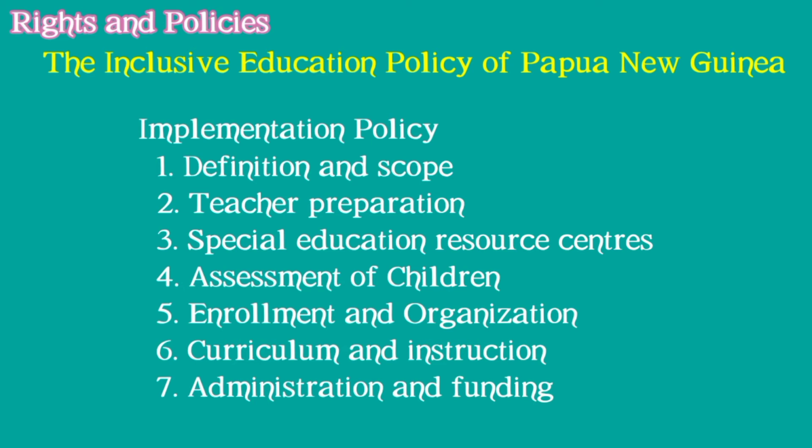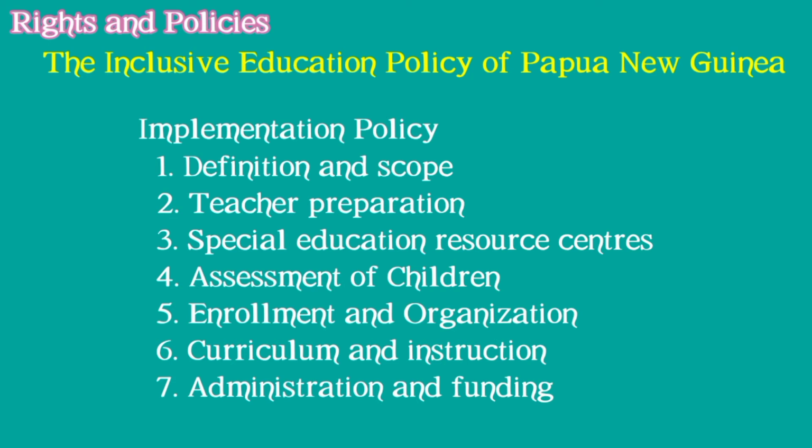Next is the curriculum and instruction. Students with special needs will usually follow the regular curriculum. Instruction will always be modified to accommodate students with special needs. Students will follow a modified or alternative curriculum only when absolutely necessary for the student's development.